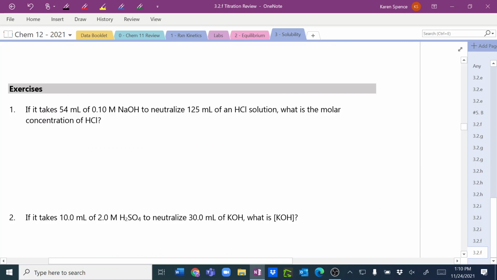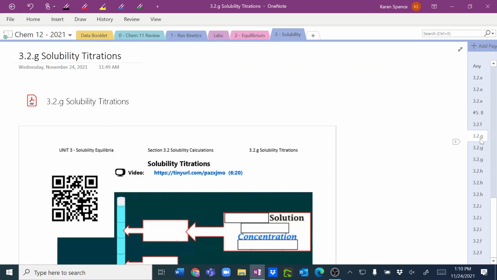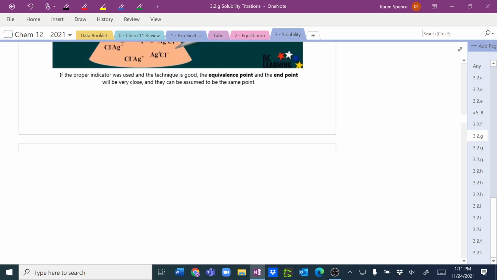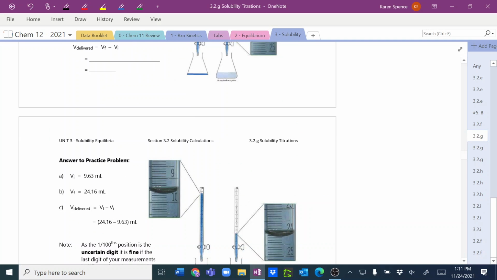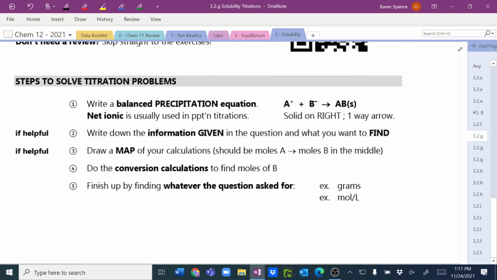So there are some exercises here that you can try if you want to practice it. However, there is also 3.2G, which specifically has solubility titrations. Yes?